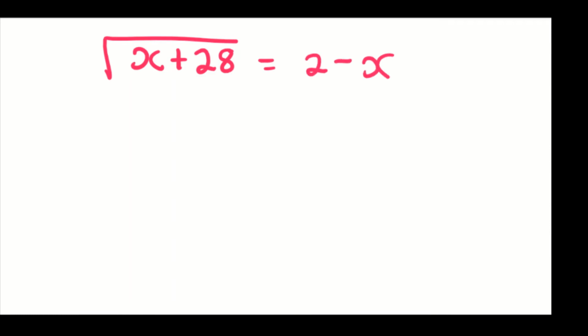So we have the square root of x plus 28, and it's equal to 2 minus x, right?